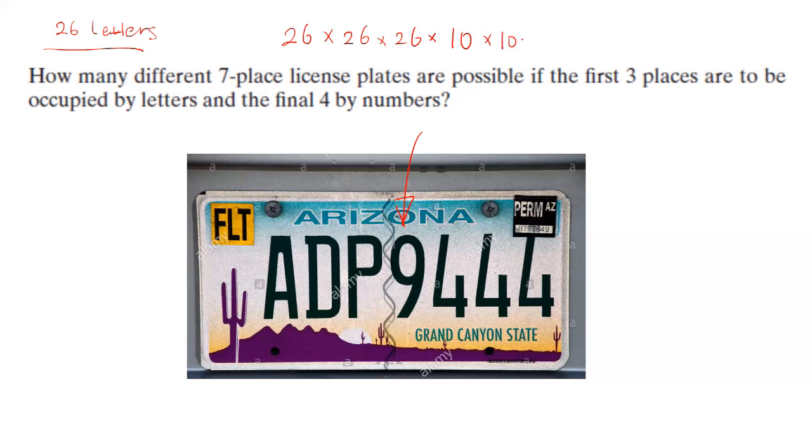We also have 10 different ways to complete the remaining tasks, right? So this is the total number of ways we can complete the whole task. That means we have this number of different license plates, right? Okay, any questions?